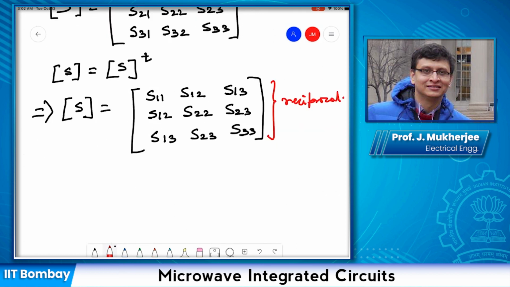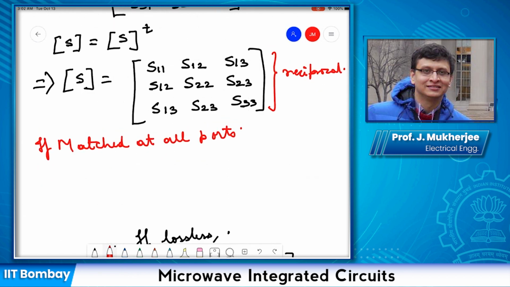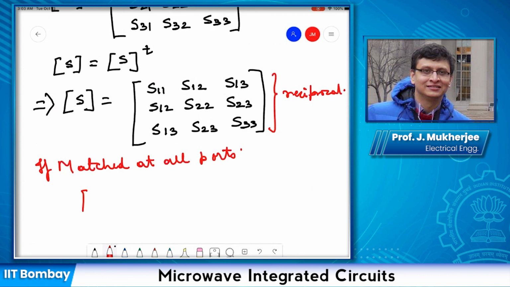Now in addition, say it is also matched at all ports. Then we have S conjugate transpose times S equal to the identity matrix.